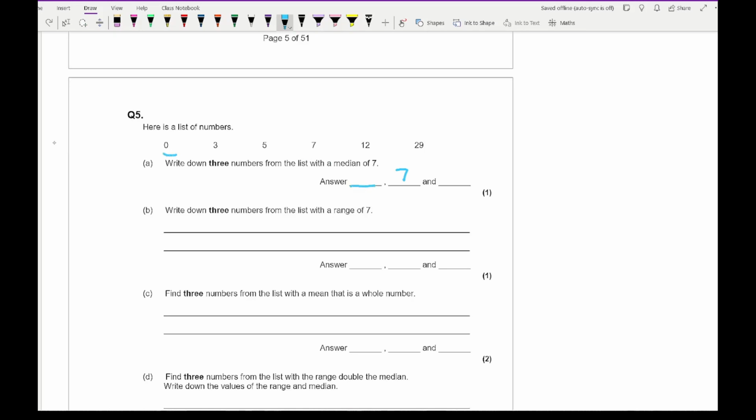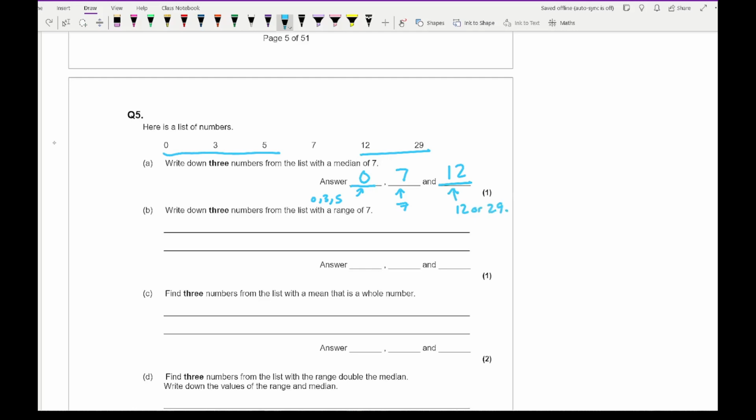So again, picking any one of those 3, so let's just go for 0. And then for this number here, I want to pick a number that's bigger than 7. So it's either going to be 12 or 29. So let's just go for 12. So again, this number can either be 0, 3 or 5. This number must be 7. And this number can either be 12 or 29.